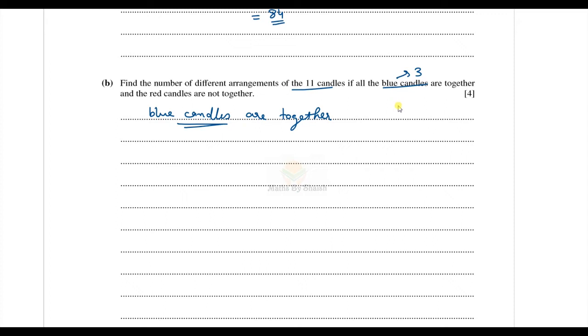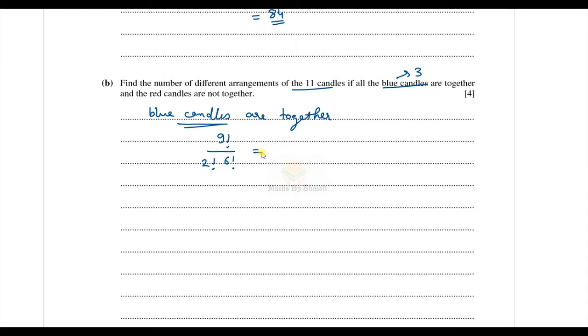So 8 plus 1, 9 are left, and now how many arrangements? Since the blue candles are identical, it is 3 factorial over 3 factorial for blue candles, so only 1, and then for the rest it will be 9 factorial over 2 factorial for the red candles and 6 factorial for the green candles.